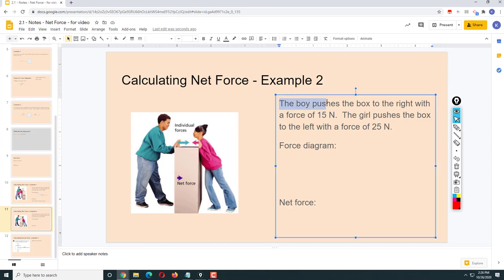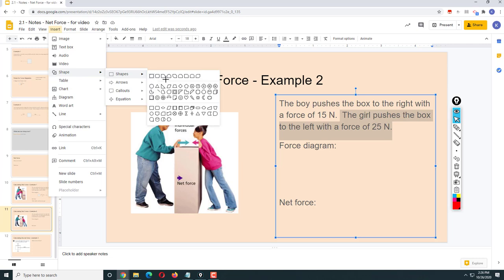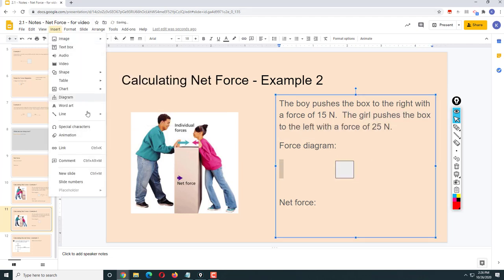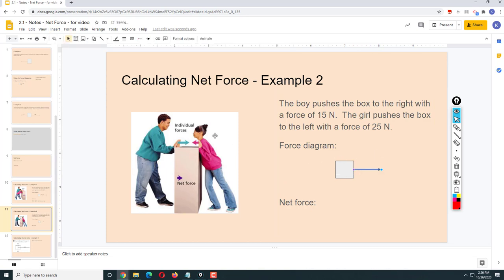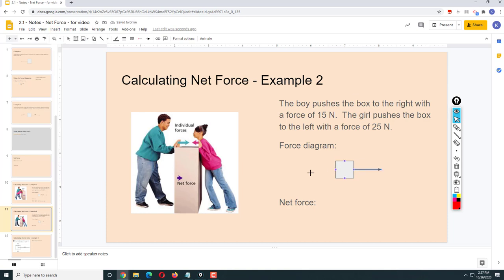Example 2. The boy pushes the box to the right with a force of 15 newtons, but this time the girl pushes the box to the left with a force of 25 newtons. So once again, I draw my box. We have a 15 Newton force to the right, but we also have a 25 Newton, which is bigger, force to the left.